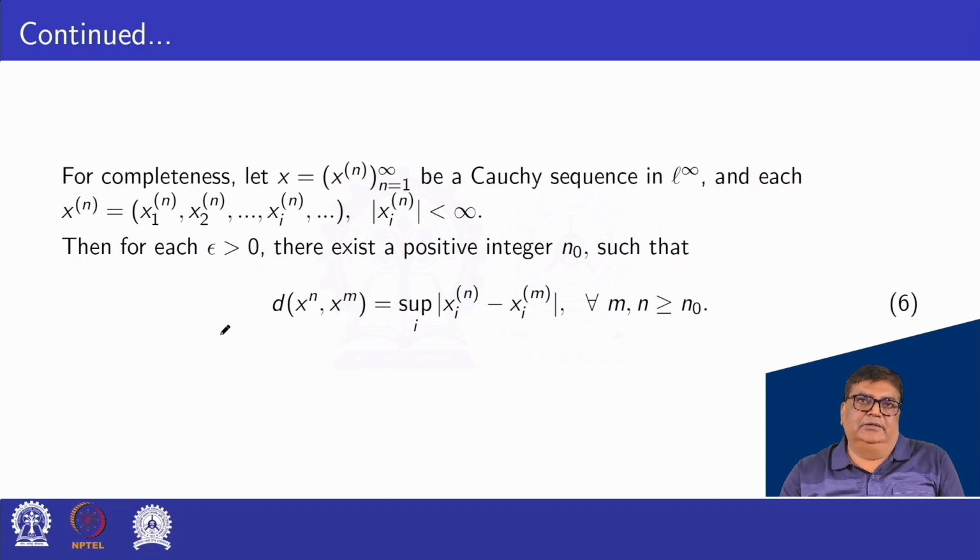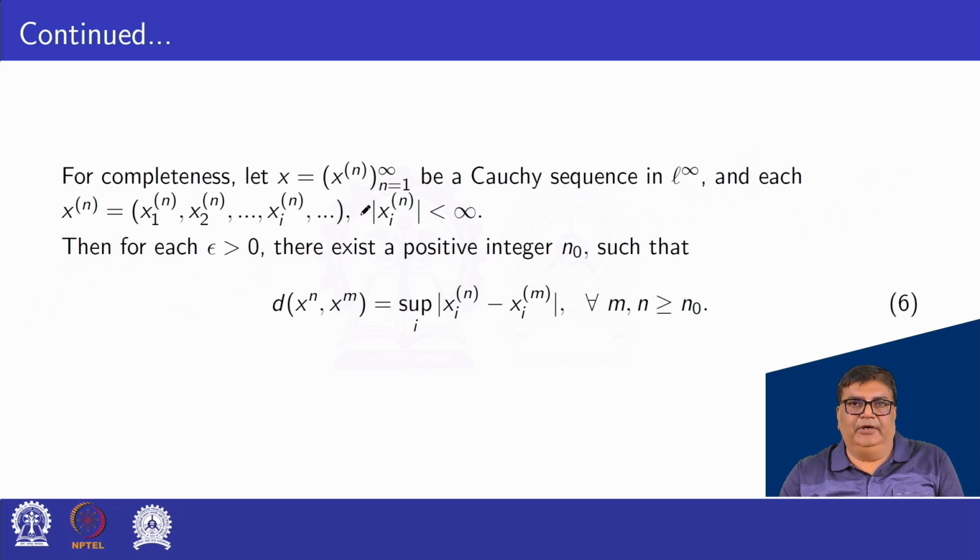For completeness of L infinity, let x_n, n equal to 1 to infinity, be a Cauchy sequence in L infinity, where each x_n has x_n1, x_n2 and so on, x_ni and so on.